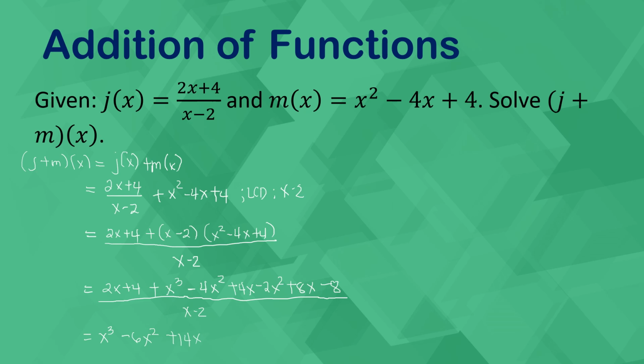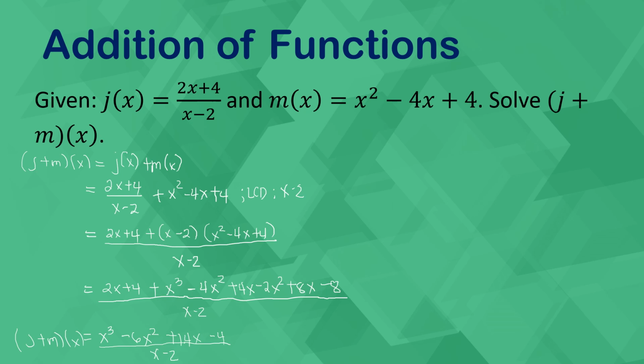We have 4 minus 8 is negative 4 over the LCD x minus 2. Okay, so that is the sum of j and m of x.